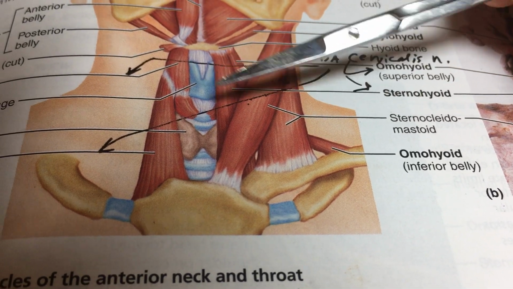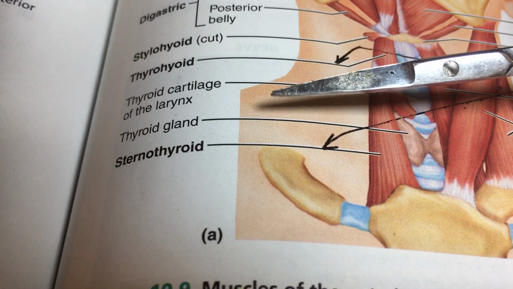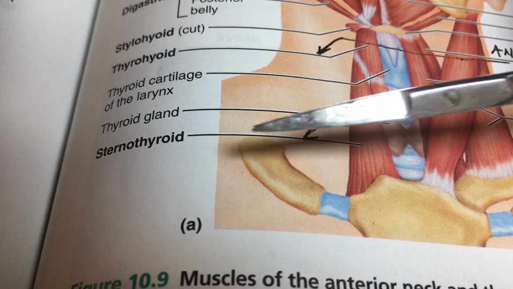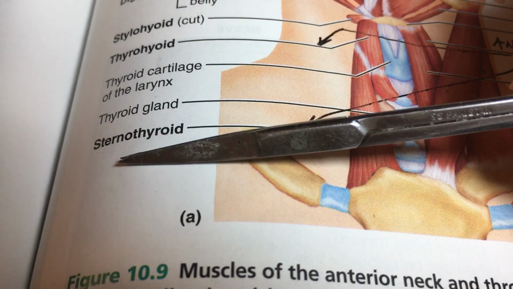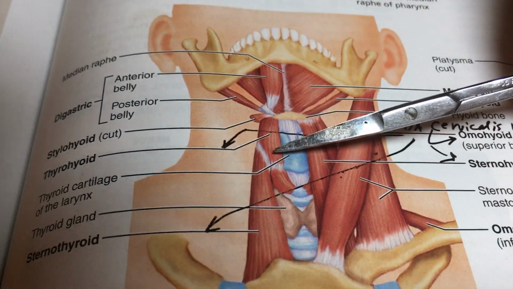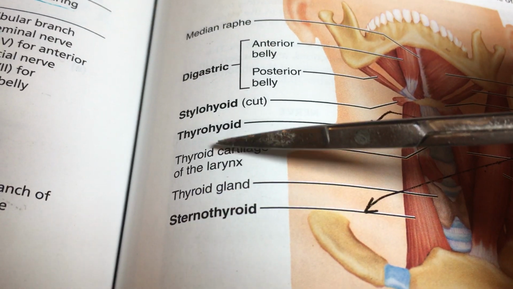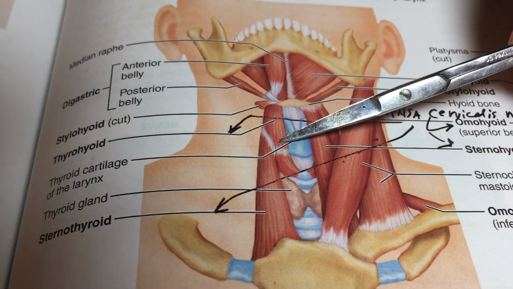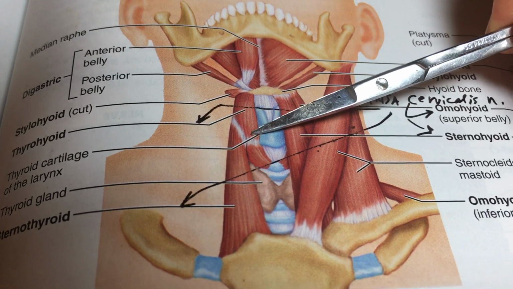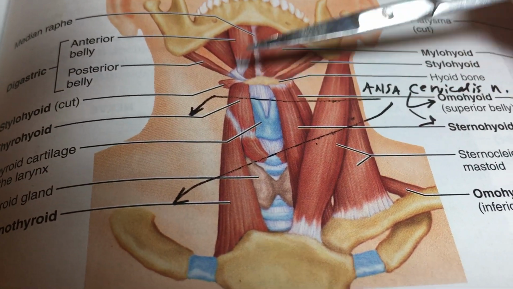This is the thyroid cartilage, and we call that one the sternothyroid, going from the sternum to the thyroid. Then we have one going from the thyroid to the hyoid, and that's the thyrohyoid. Do you see a system here?